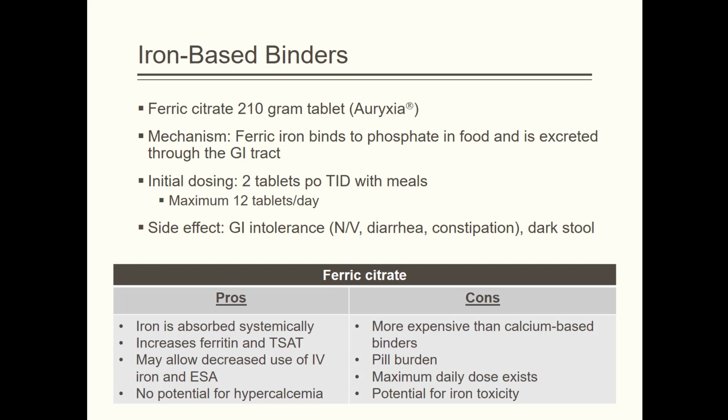However, again, this is more expensive because it's new in the market and it does have maximum daily dose. So because it has absorbable iron, they do have maximum daily dose compared to the previous iron-based binder.